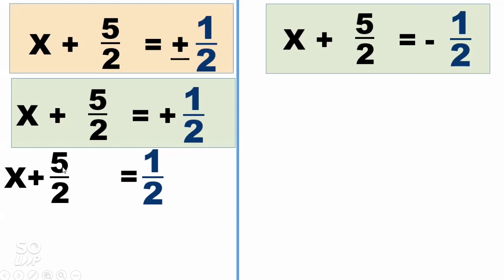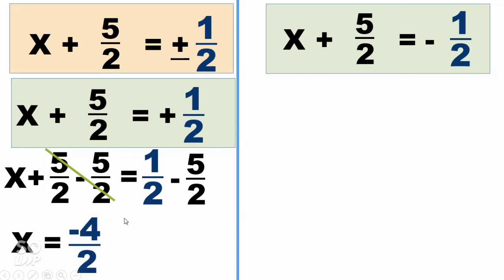We have to eliminate 5 over 2 para ma-solve yung x. To eliminate o para matanggal yan, mag-a-add tayo ng negative 5 over 2 sa left and right ng equation. So, 5 minus 5 is 0, 2 minus 2 is 0, so makakancel na yun. We have now x equals 1 minus 5 is negative 4 over 2.